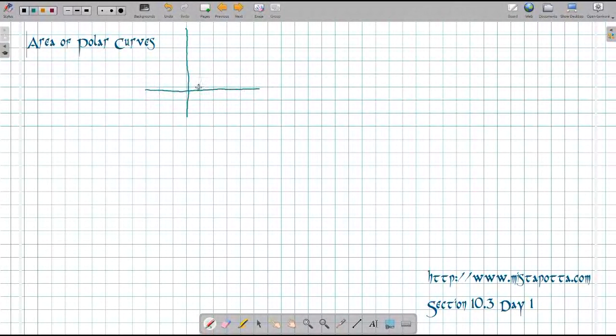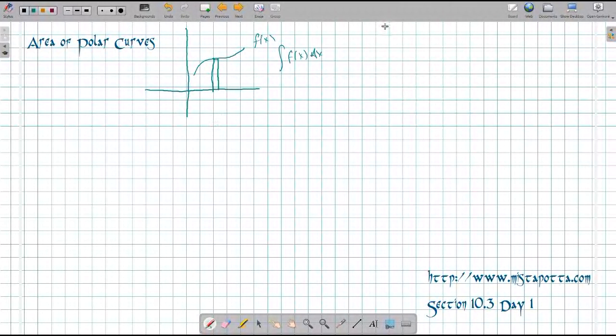For Riemann sums, we're talking about dealing with some function of x, and if we're integrating f of x delta x, we were actually thinking of these being little rectangles that we're adding up.